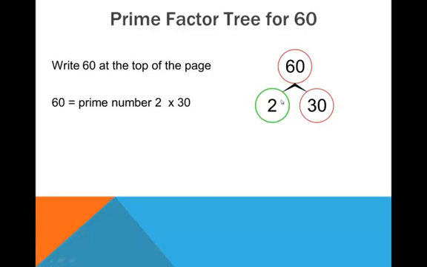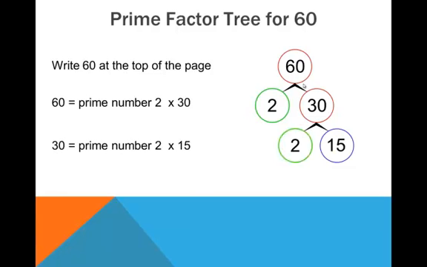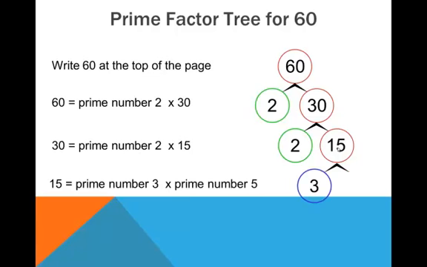Now 2 is a prime number. 30 is a composite number, so we can therefore get another factor pair from the number 30. So 2 times 15 is 30. So 2 is a prime number and 15 is a composite number. So we can break down 15 and we can do that by 3 and 5. 3 times 5 is 15.